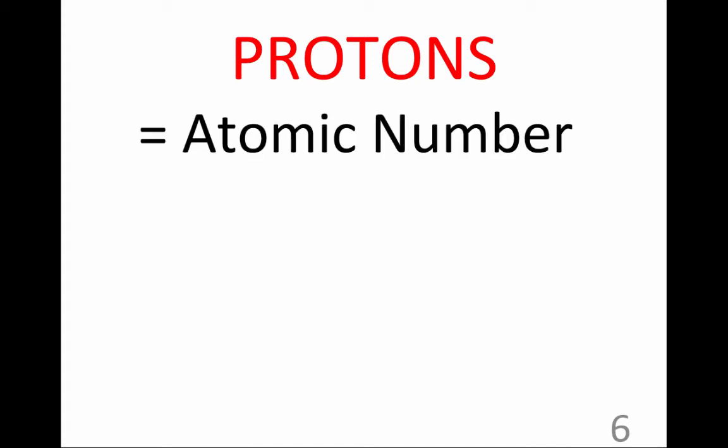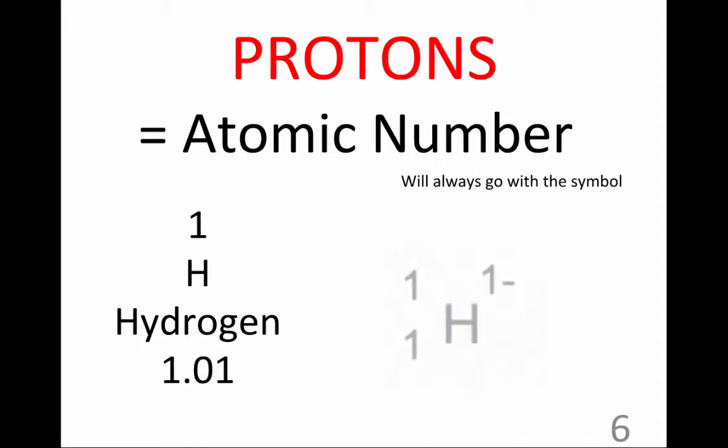So let's look at protons. Protons are equal to the atomic number. So whatever the atomic number is, that's the number of protons. It will always go with the symbol. It's the atom's number. So in periodic table notation or isotope notation 1, the atomic number is the top number in periodic table notation.